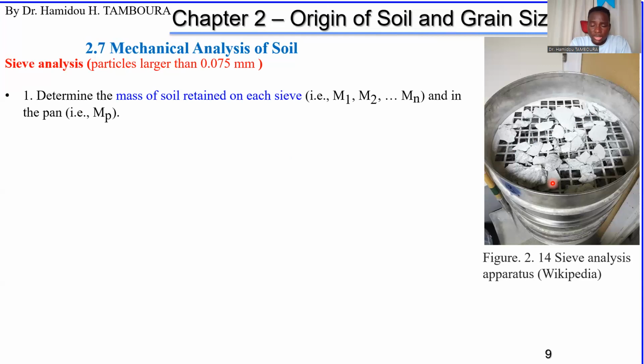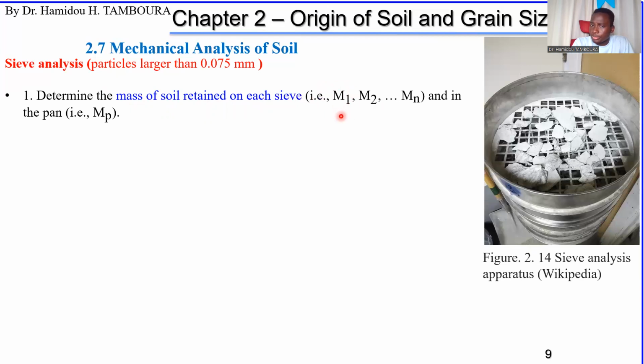So after shaking, you have on each sieve a part of your initial soil sample. Then you can determine the mass by weighing each part on each sieve. So we weigh and get the mass of soil retained on each sieve.